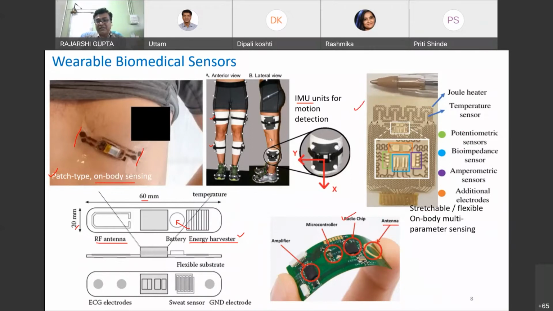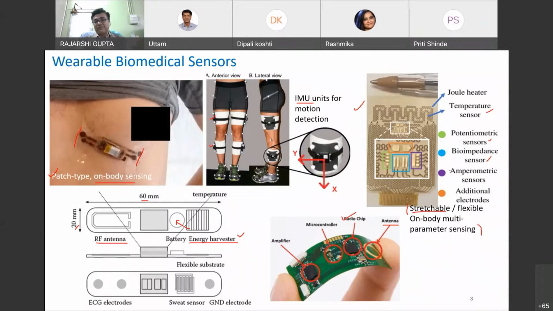There are different types of sensors like temperature sensors, potentiometric sensors, bioimpedance sensors. There are other sensors as well. And this is a stretchable on-body multi-parameter sensing. That means these are fixed on the human skin, and during our daily activities, the skin can stretch.